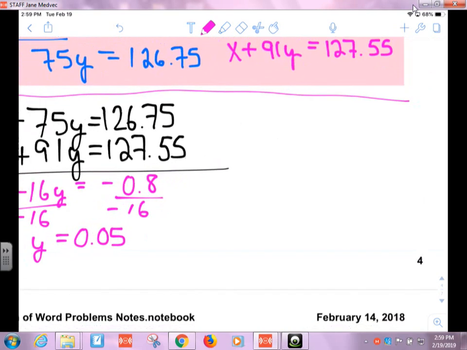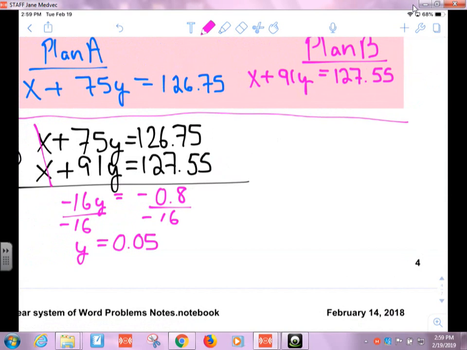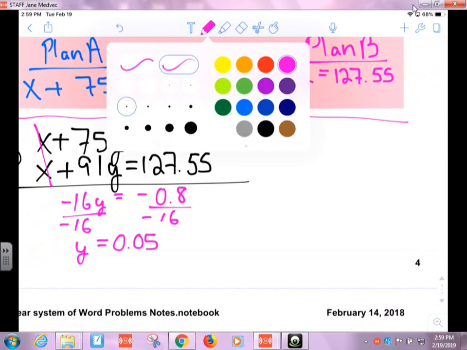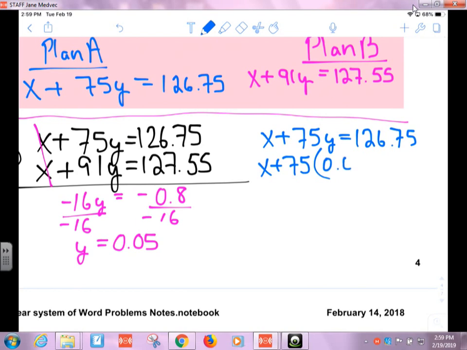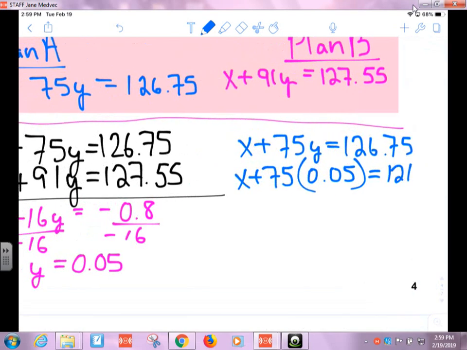So now what I'm going to do is I need to find x. I'm going to grab one of those two equations. It really doesn't matter which. I'm going to grab the first one. So x plus 75y equals 126.75. I'm going to go x plus 75 times 0.05 equals 126.75.